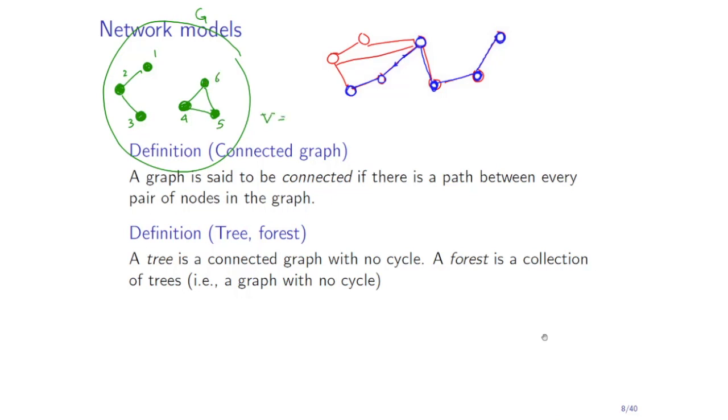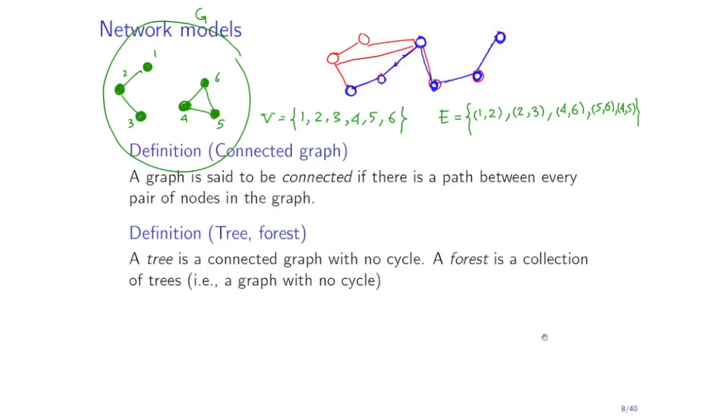So the set of vertices is 1, 2, 3, 4, 5, and 6. And the set of edges, this is how we represent it, E, as I said, is the set of edges: {1,2}, {2,3}, {4,6}, {5,6}, and {4,5}.